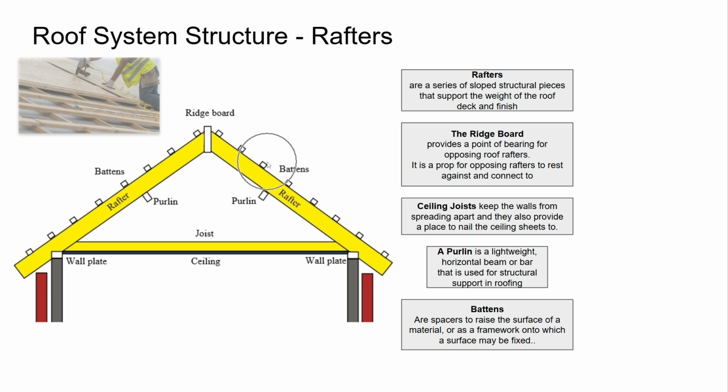So the battens are there for you to nail into. It also raises you up a little bit so that you can have some airflow. Okay? So there we go with all that.